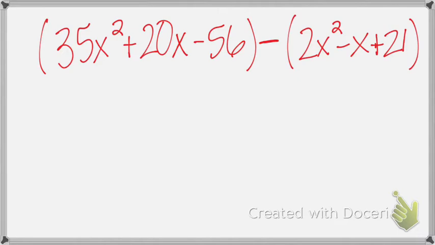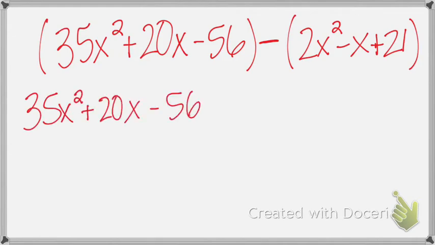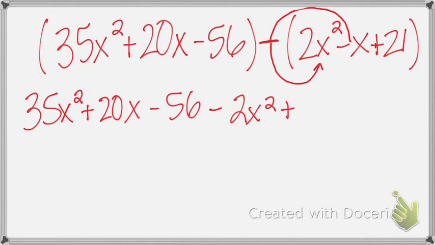They change. We have to distribute the negative, okay? So we can write the first one with no problem. This first one's going to say negative 2x squared. Then the next one, there's already a negative there, and two negatives make a positive. And then the last one, a negative trumps a positive, so it becomes negative.